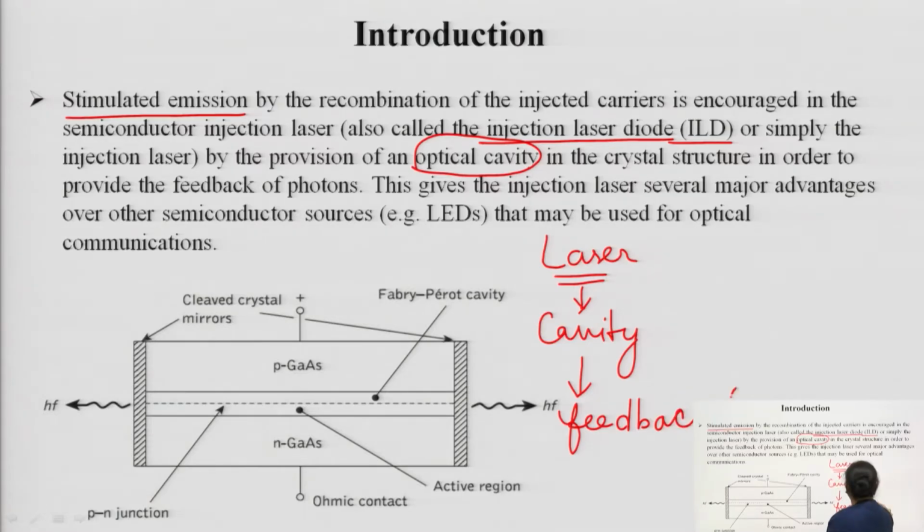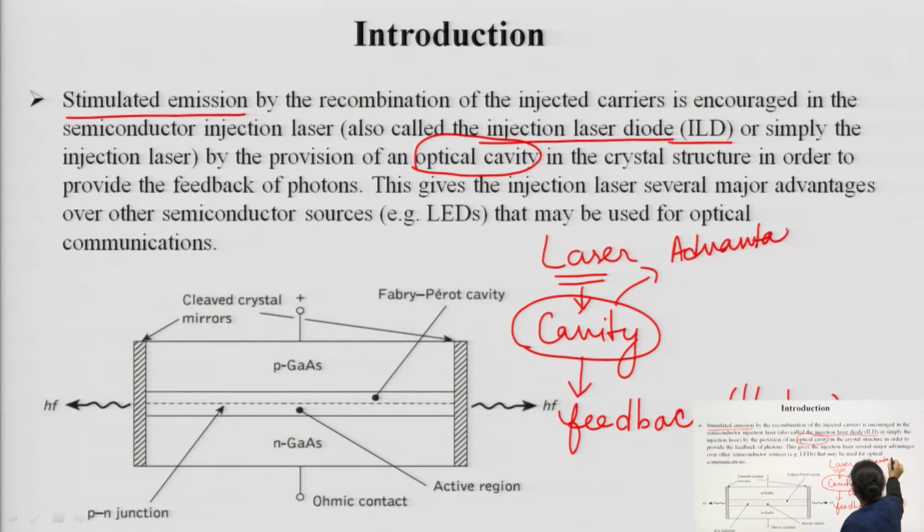The feedback of photons. This gives the injection lasers a major advantage over the other semiconductor sources, because this cavity provides the provision of feedback.